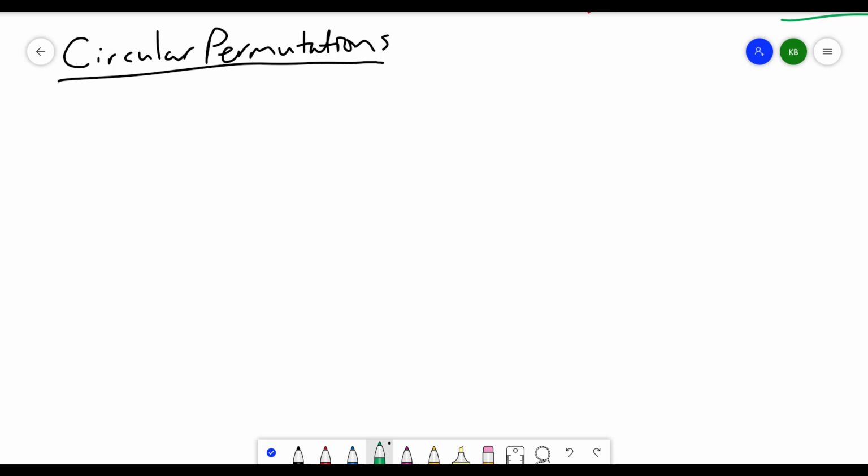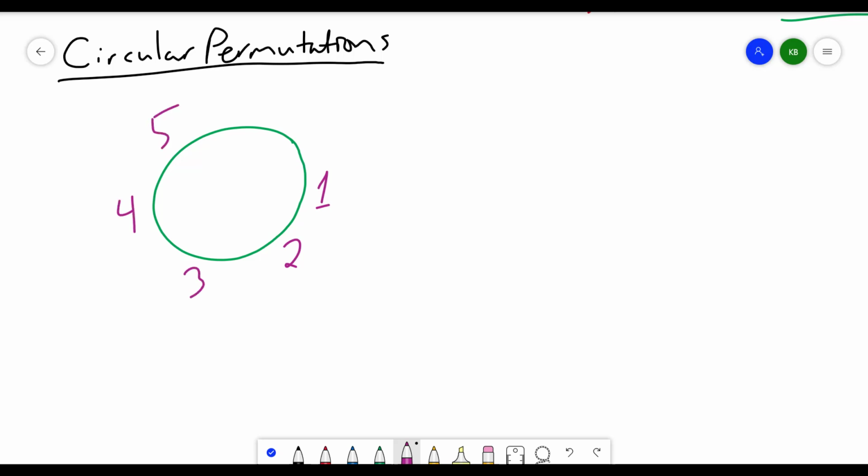Sometimes we are actually dealing with what are called circular permutations. You can think about this as people sitting around a table. So if I set the numbers 1, 2, 3, 4, 5, and 6 around the table, now it doesn't matter where I start reading these.